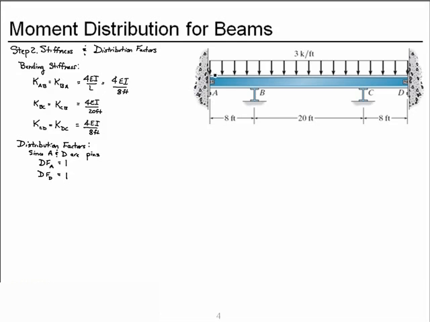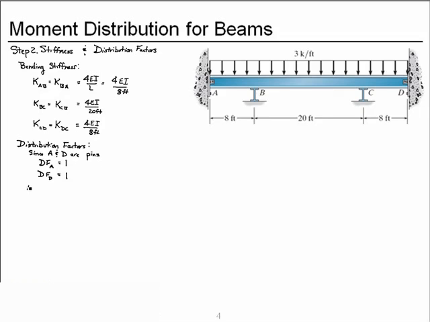That means that when we release node A, all of the unbalanced moment comes back into the beam. And when we release D, all of it comes back into the beam. None of it is stored in the support, which makes sense because the support is a pin and should not carry moment.